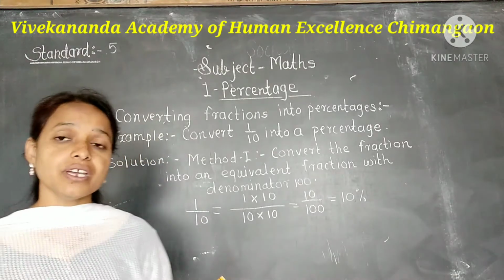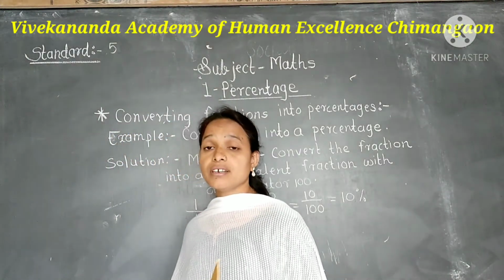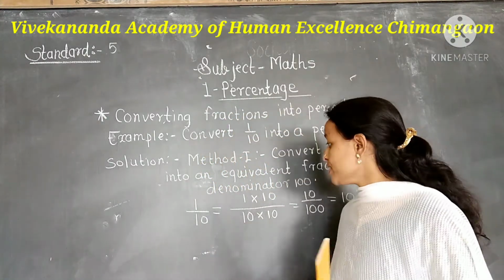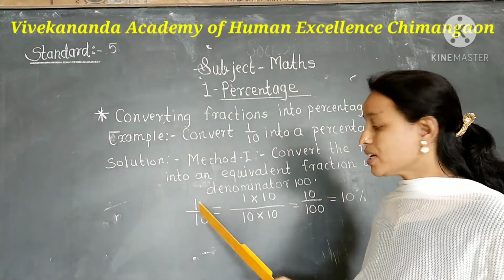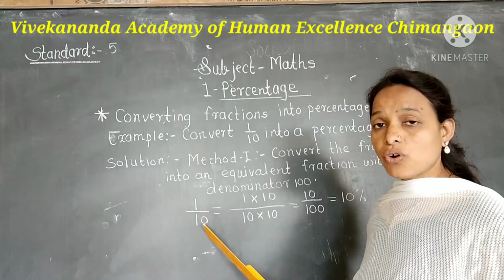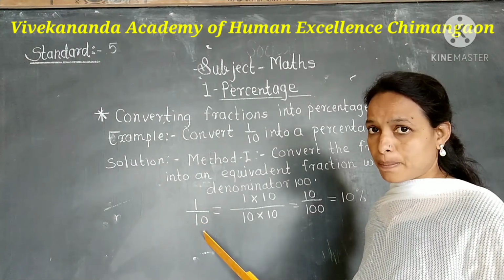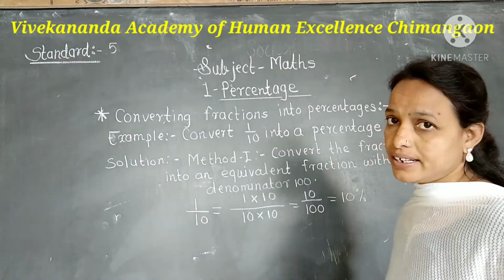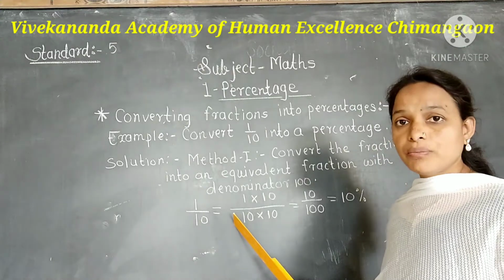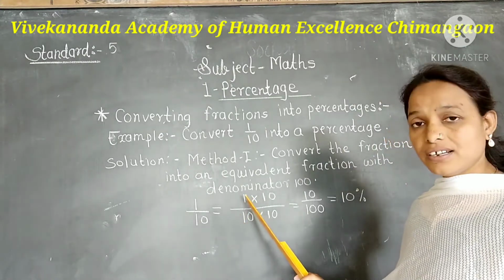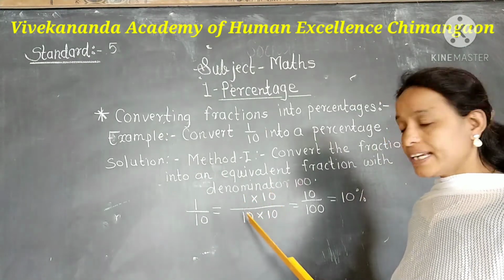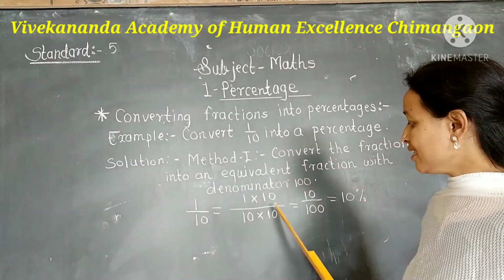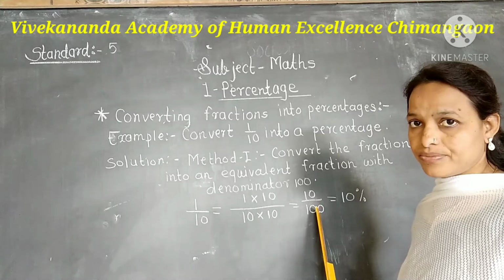Here the fraction given is 1 upon 10, but we want denominator 100. So 10 tens are 100. So we multiply numerator 1 by 10 and denominator 10 by 10. 10 ones are 10, 10 tens are 100.